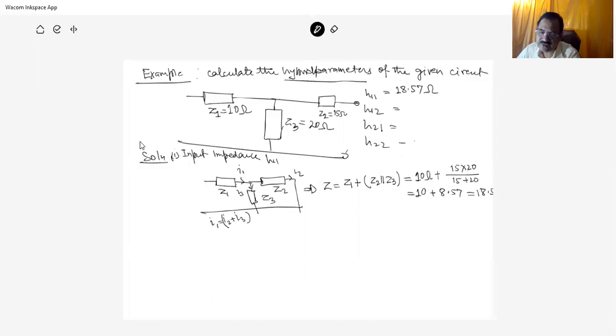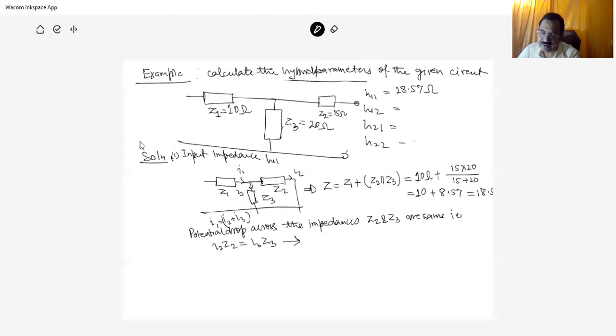When this happens, with the impedances parallel, the potential drop across the impedances Z2 and Z3 is the same, that is I2 Z2 is equal to I3 Z3.